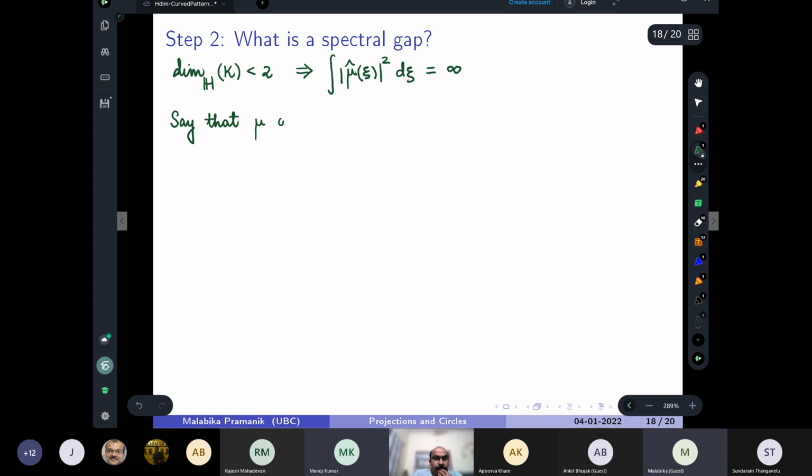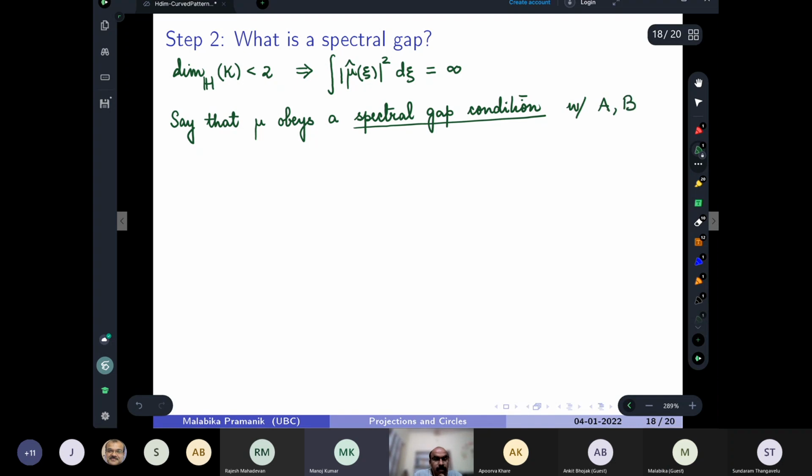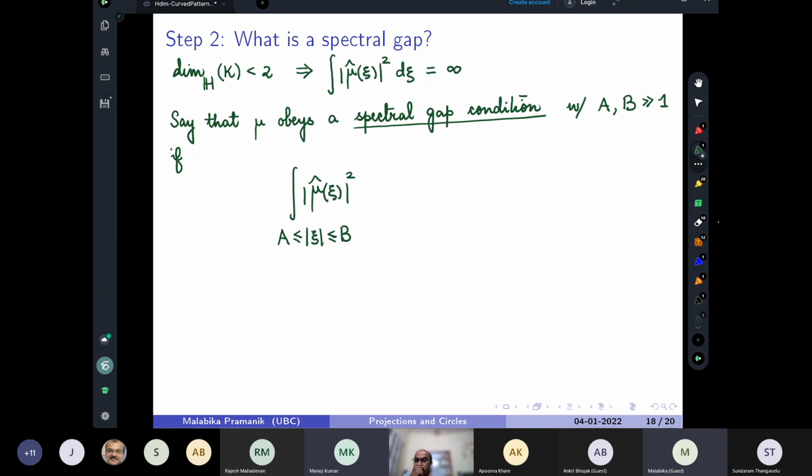So we are going to say that mu obeys a spectral gap condition with parameters A and B, and these A and B are typically much bigger than 1, if the following holds, namely, if you look at the L2 norm of mu hat of xi squared, but only on the annulus with mod xi between A and B, then within that annulus, it actually is really small compared to A.